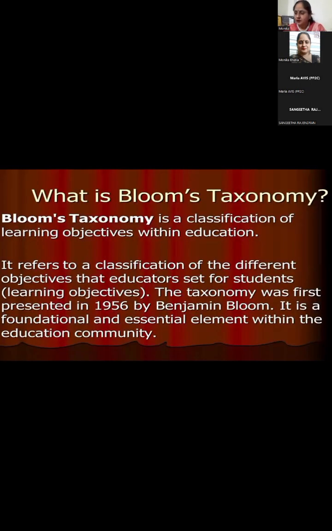The Bloom taxonomy is a classification of learning objectives within education.